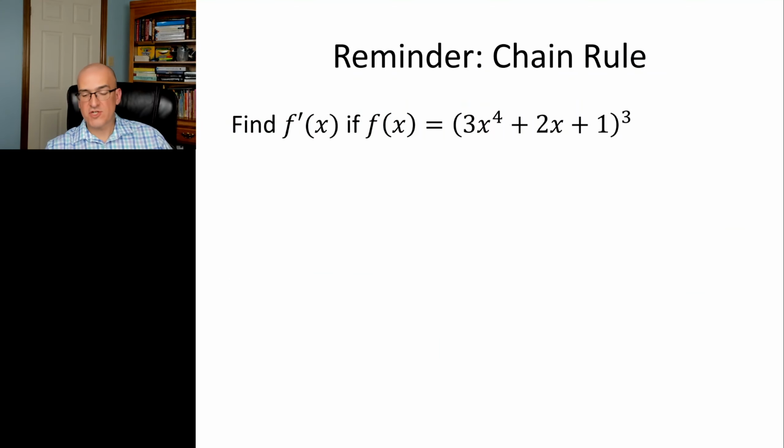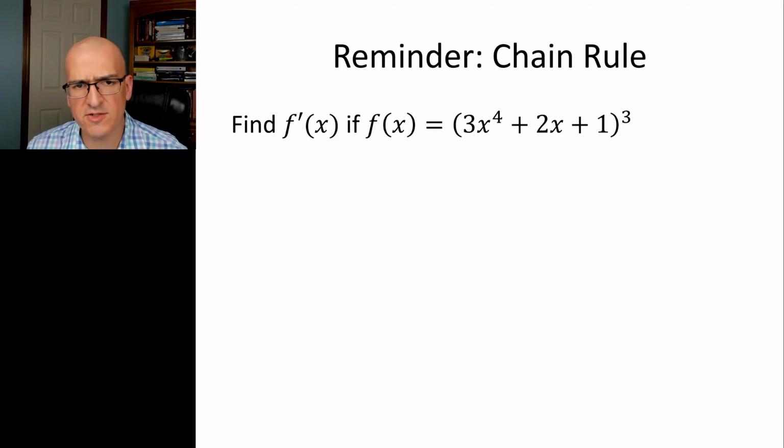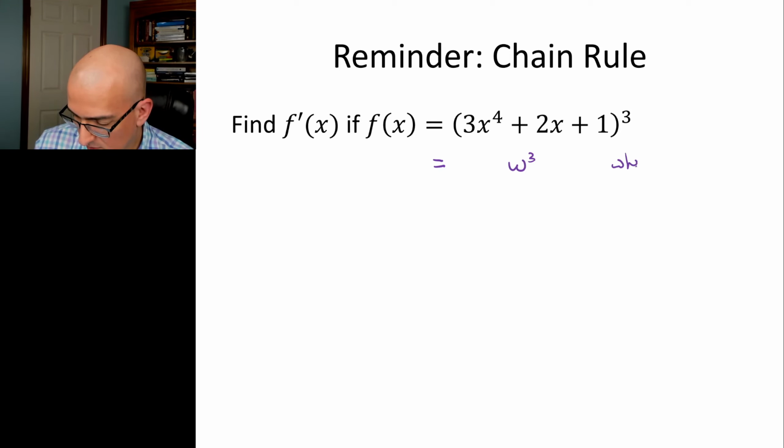So to remind you about the chain rule, how do you take the derivative of (3x to the 4 plus 2x plus 1) all to the power of 3? Just a quick refresher, even though you may have just looked at the video. First, I call everything in the brackets w, where w is equal to 3x to the 4 plus 2x plus 1.